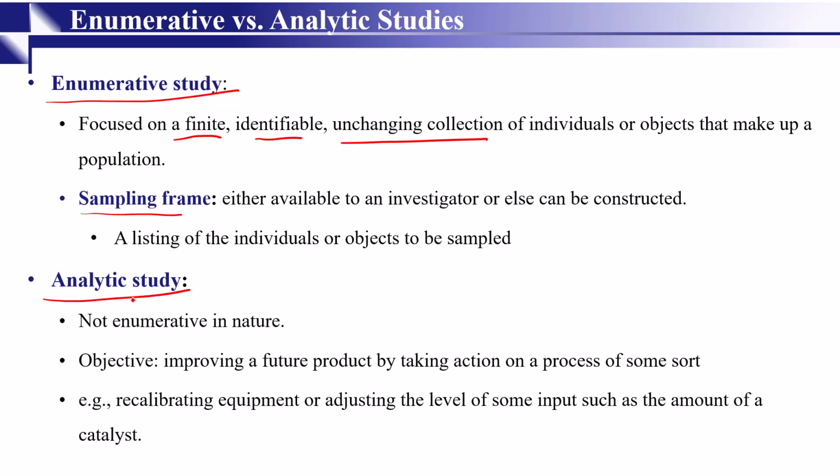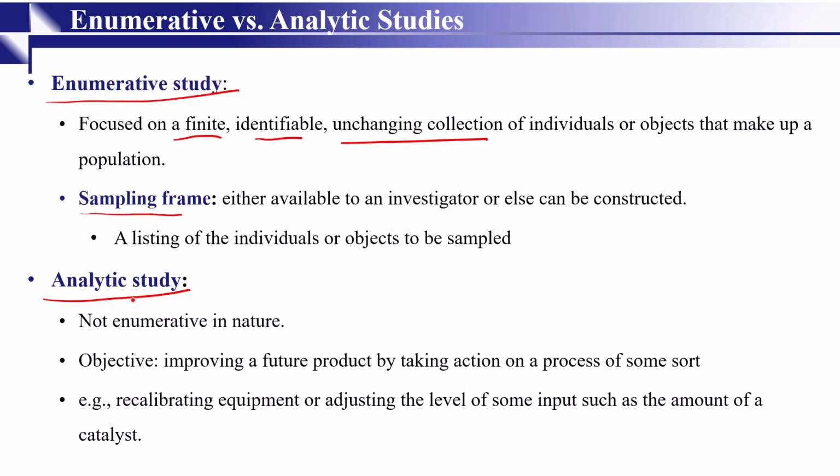On the other side, we have analytic study. Unlike enumerative study, analytic study aims to draw conclusions about a process that may not yet exist. The goal here is typically to improve future outcomes rather than analyze a fixed population.